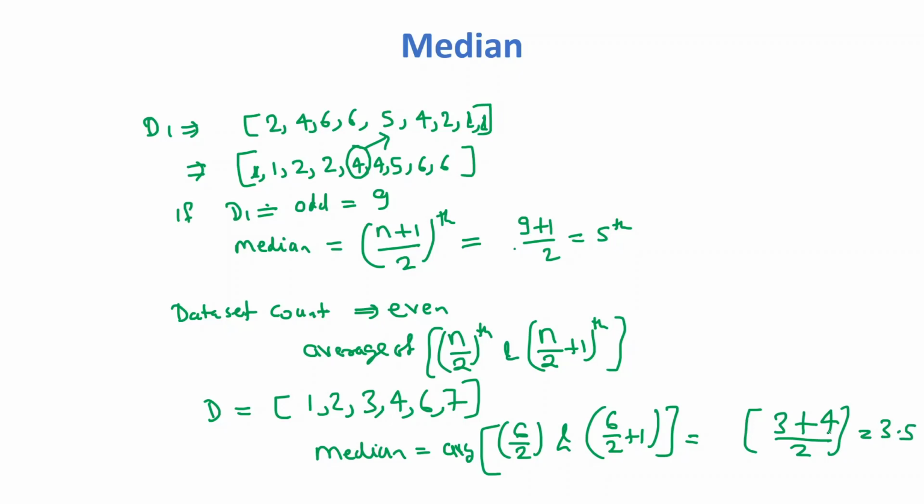So the median value would be 3.5. It means the average of these two values.